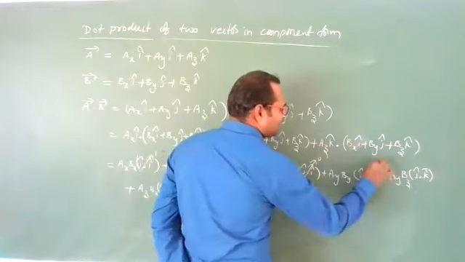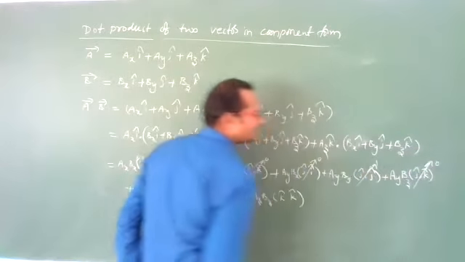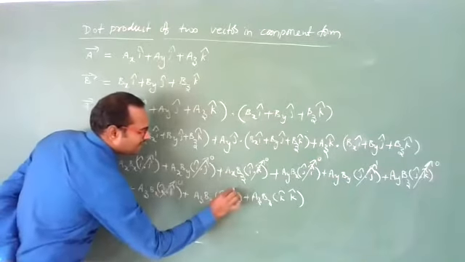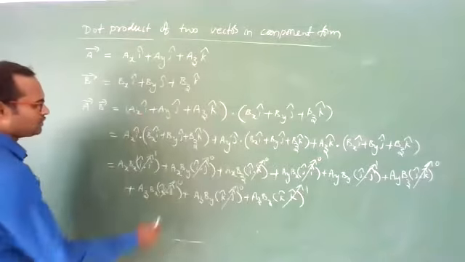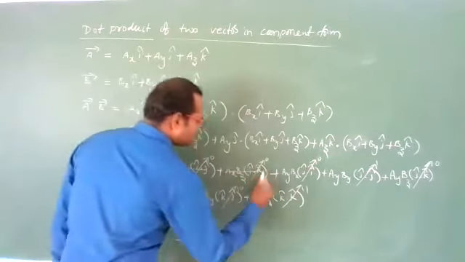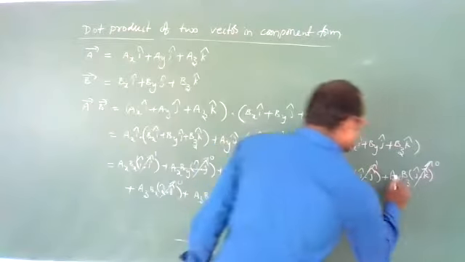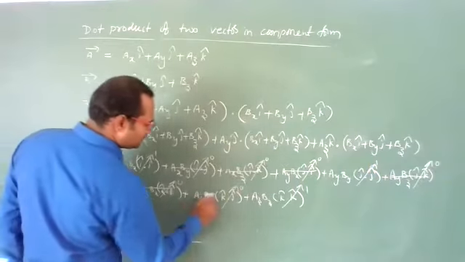J dot j is 1. J dot k is 0. K dot I 0. K dot j 0. K dot k 1. Means this total term is 0, this total term 0, and this total term 0.